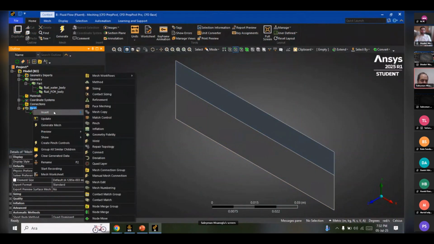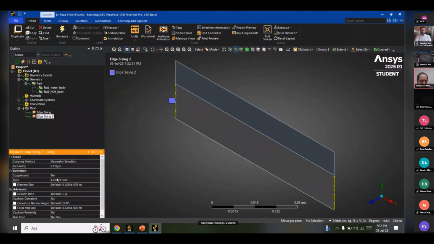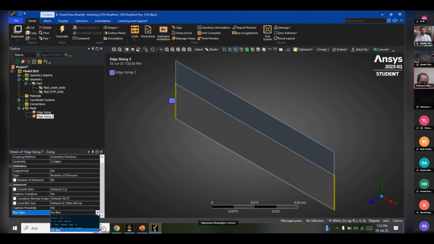And again, I select sizing for the water pipe. Number of divisions is 60, but I want the mesh to be denser near the edge. Bias type is here: small, long, small.